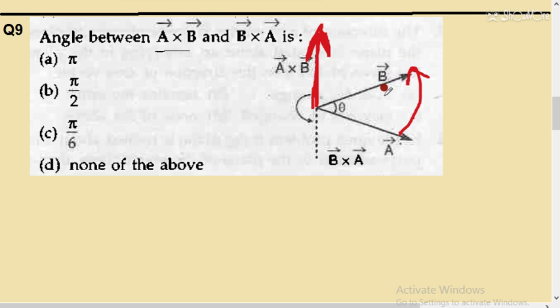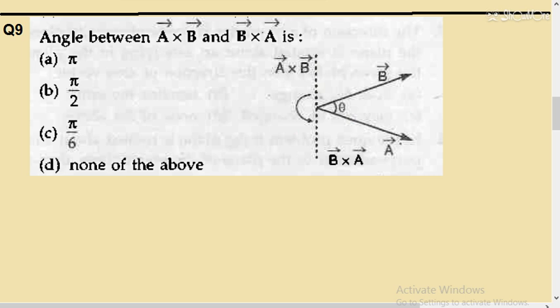That's why A cross B is upward and B cross A is downward. It is the same case, students, as we have seen earlier.